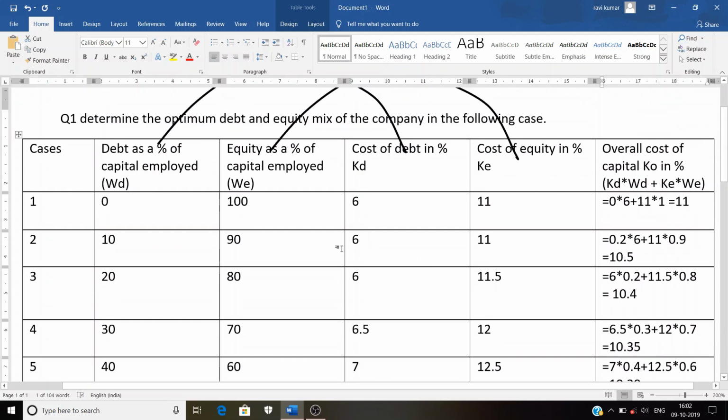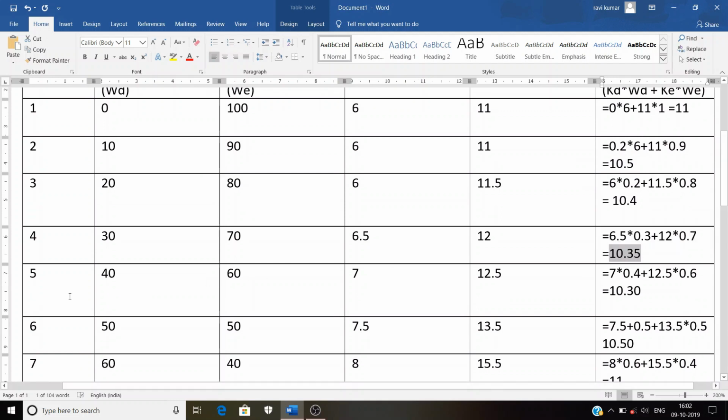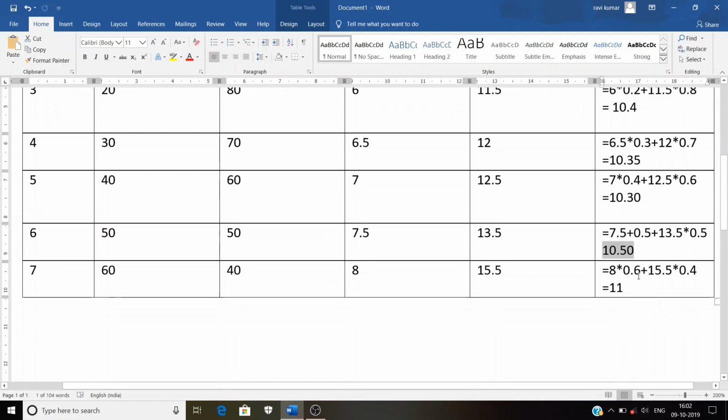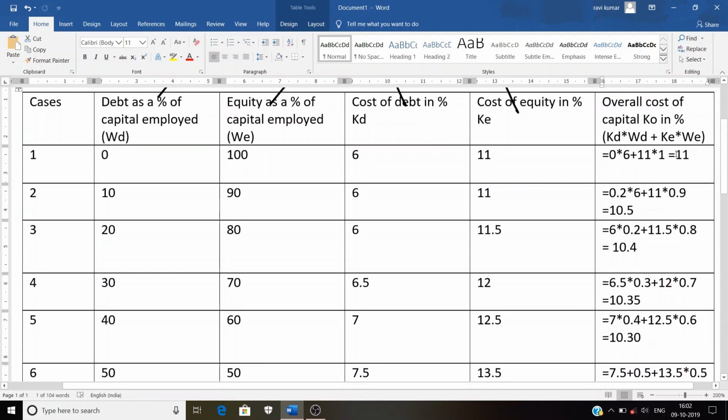So you can see here, when we initially introduce debt, 10, 20, then 30, our overall cost of capital starts decreasing from 11 to 10.5, 10.4, 10.35, till the fifth case, our overall cost of capital decreasing continuously to 10.3. But when you take too much debt in your company, your company becomes risky and your overall cost of capital starts increasing, that is 10.5. And in the last case, your overall cost of capital increases further to its original place, that is 11, from where it started.